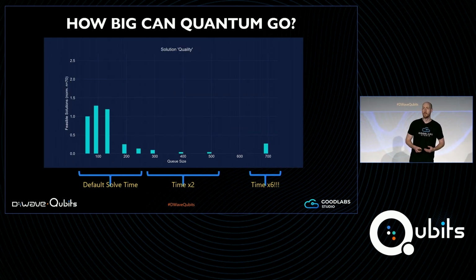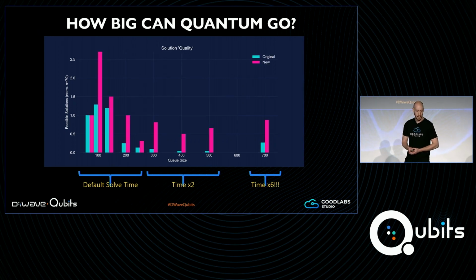As mentioned, we use the number of feasible solutions returned from the system as a measure of the optimization quality and the problem difficulty. As the batch size increases, the number of feasible solutions understandably decreases until we counter with an increase in solve time. Upon the new system, we see a dramatic increase in the amount of feasible solutions returned.